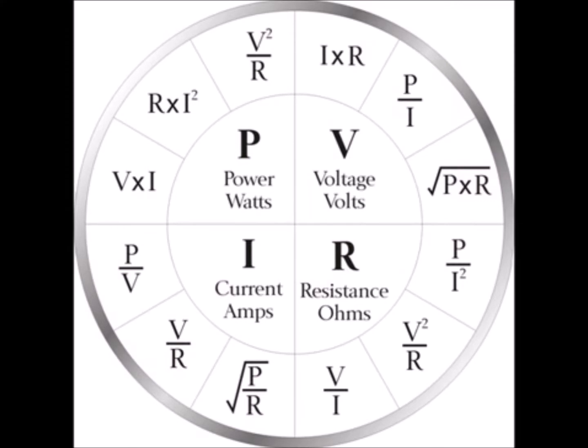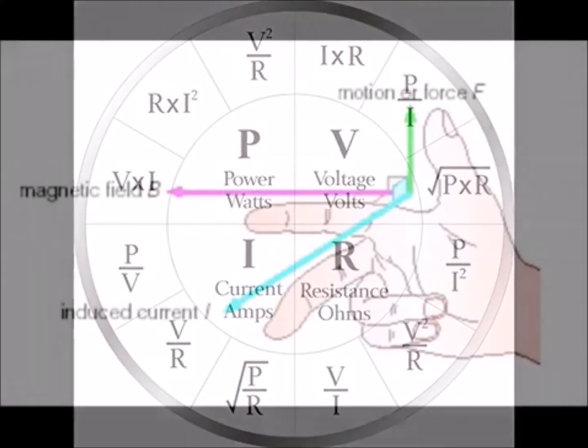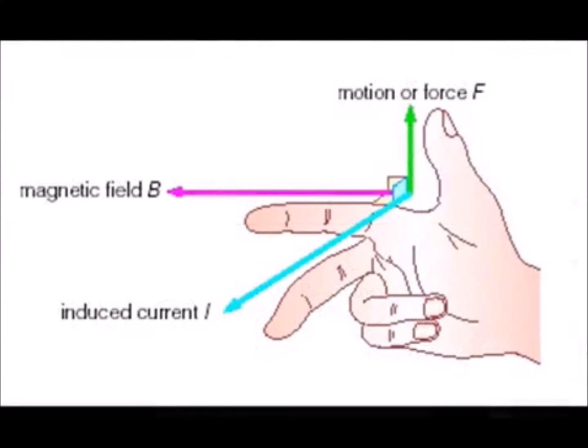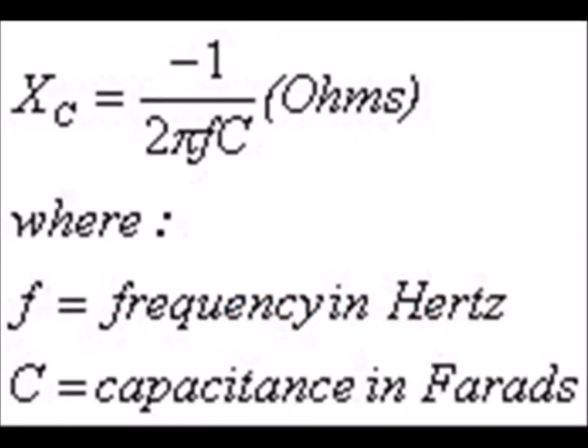Once we get this and we measure over a period of time these measures of volts and amps and resistance, we can now do a simple formula to give us an idea of induction or magnetic properties.